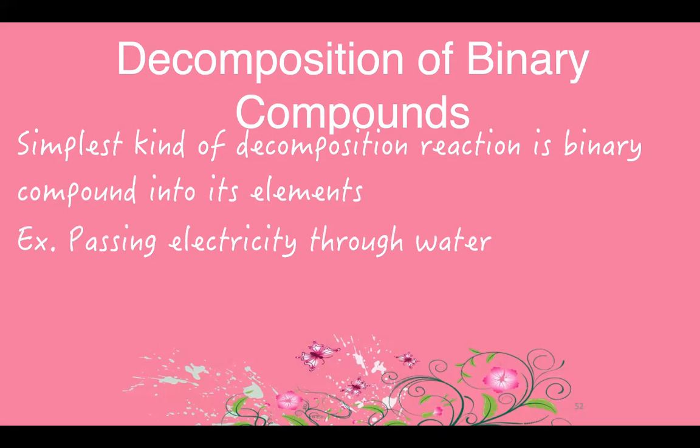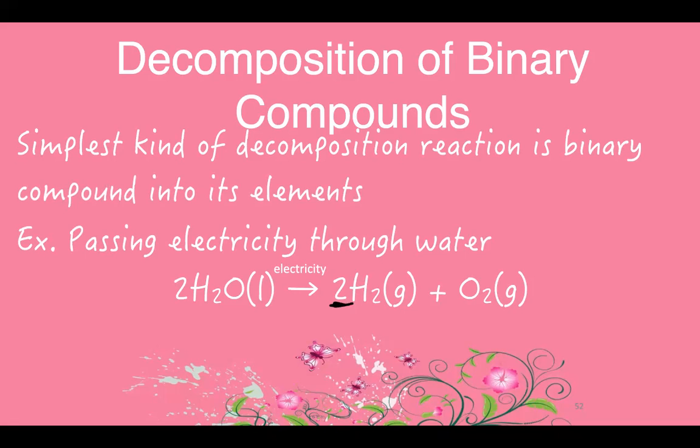So for example, when you pass electricity through water, you're going to break or separate the hydrogen from the oxygen gas. The interesting thing about this, if we were actually at school and we could do this in the lab, you could actually see that because of the balanced equation, you would physically see twice as much gas being produced as the other gas because you use electrodes, right?